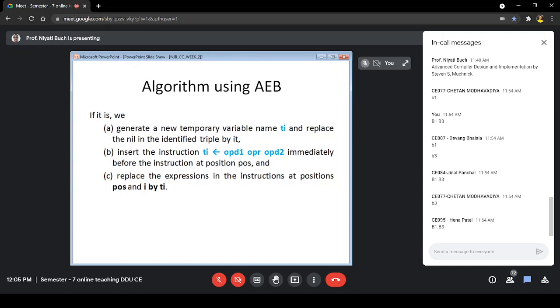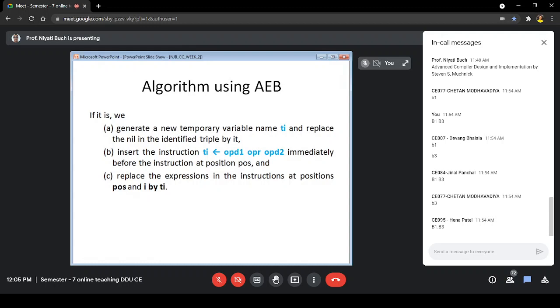Then the next thing we will do is add an instruction. Remember the previous small example that I showed you, in which I added T1? Whatever operation we did on the two operands, that instruction we will add immediately before the instruction at the position POS. So at whatever position you are in your code, at that position this instruction is to be added.